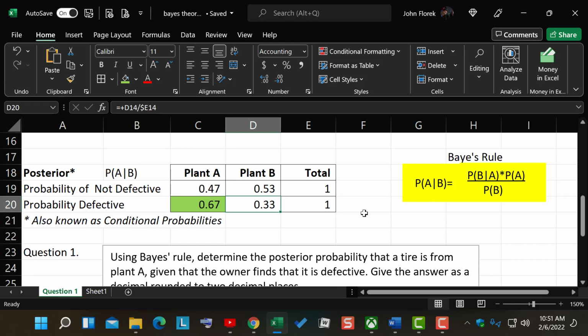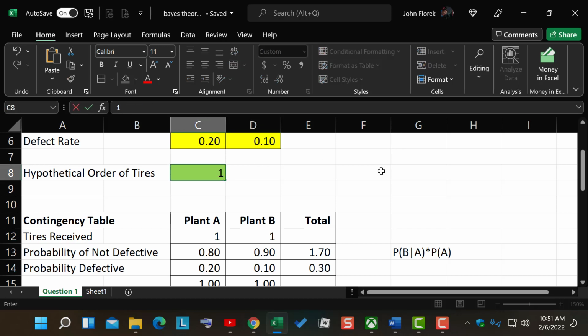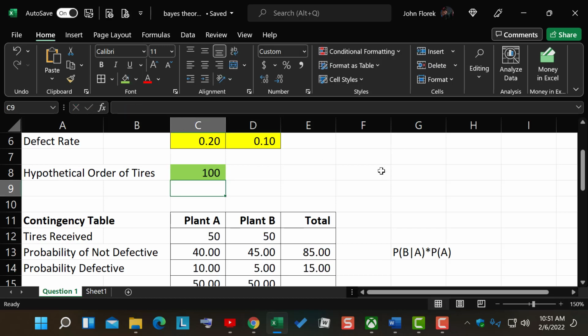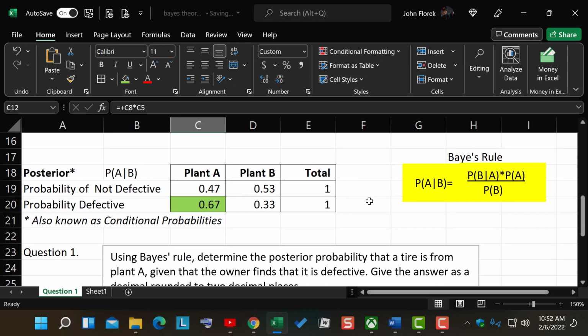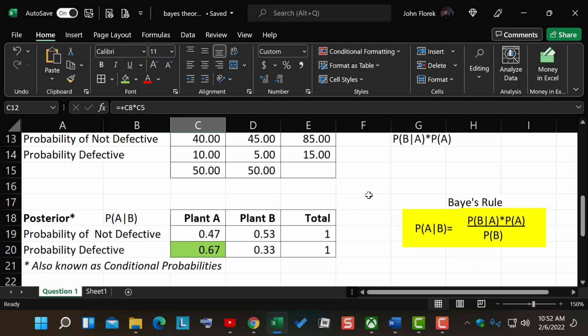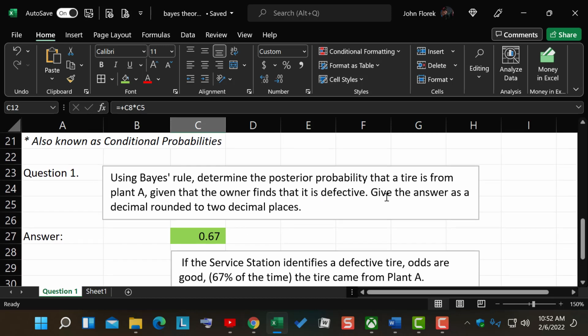So let's go back to the real world for a second. Let's say it's 100 tires again. And you get 50 coming from plant A and 50 from plant B. The probability stays the same.